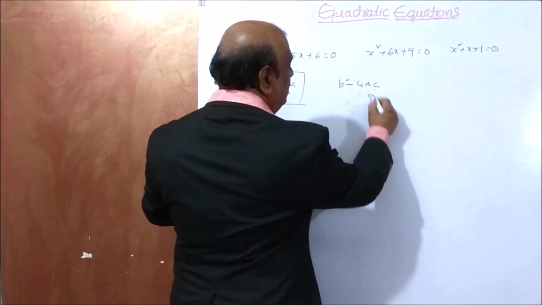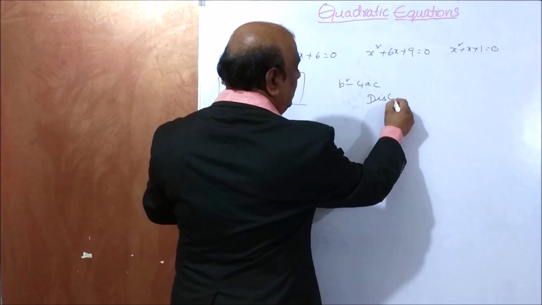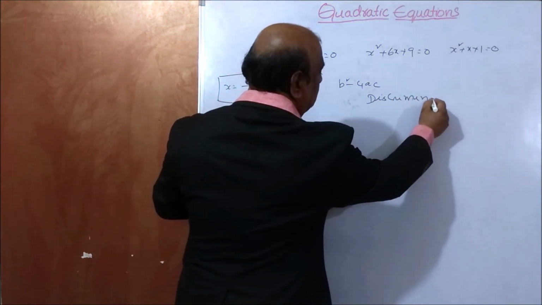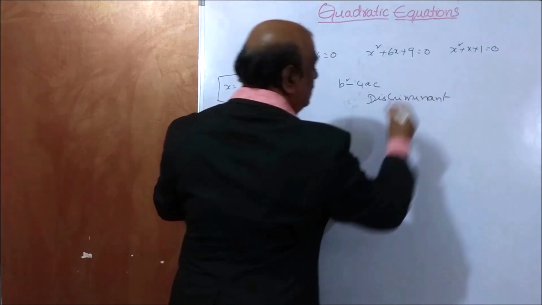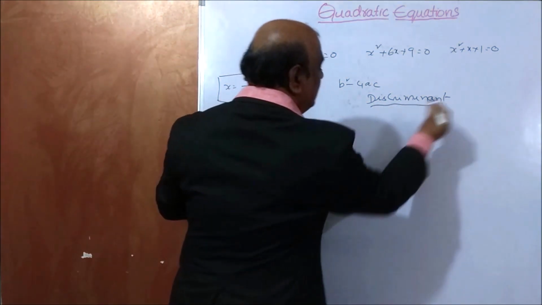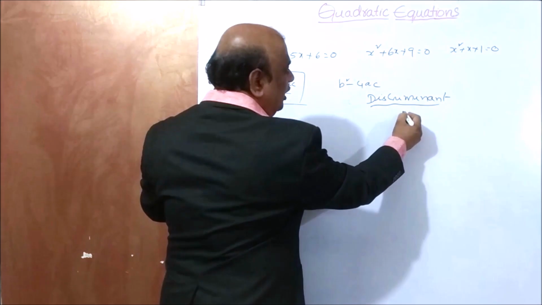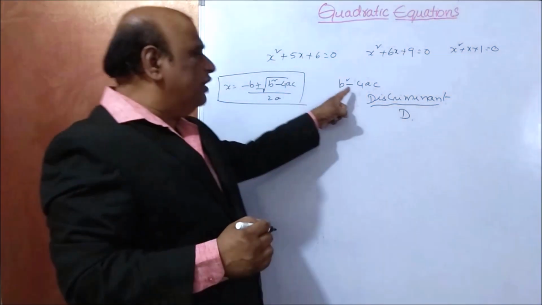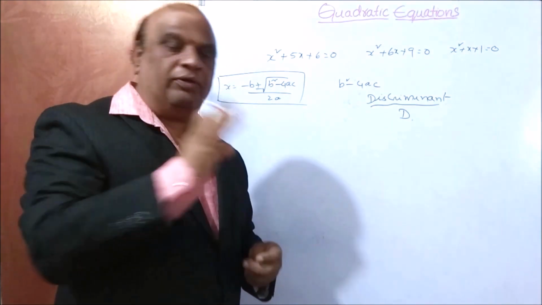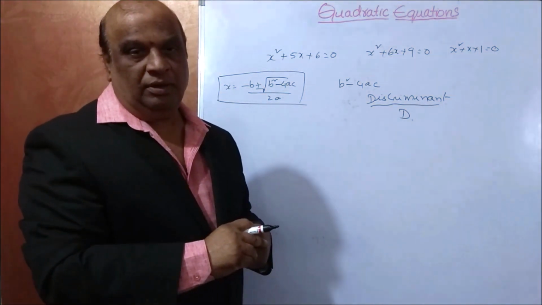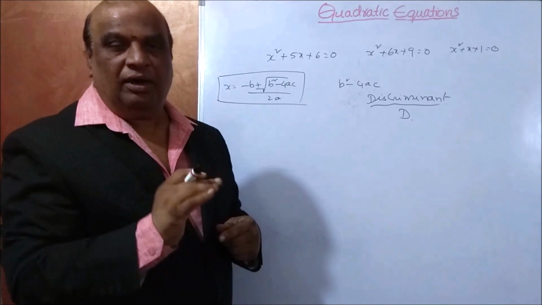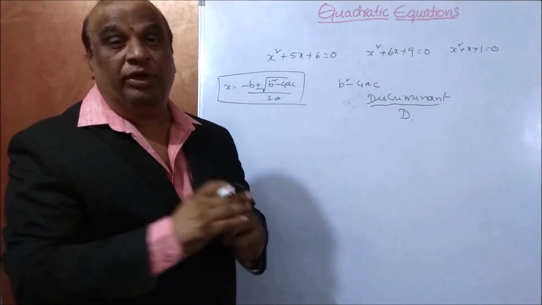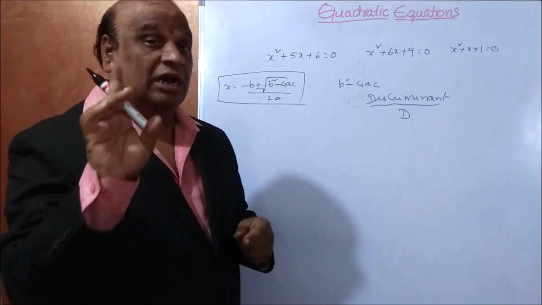What is the spelling? Discriminant. It is denoted by capital letter D. b square minus 4ac is very powerful because by using this discriminant we can say the nature of the roots.